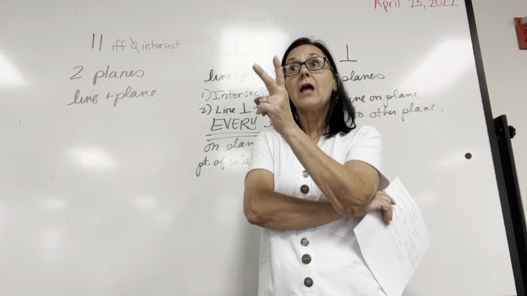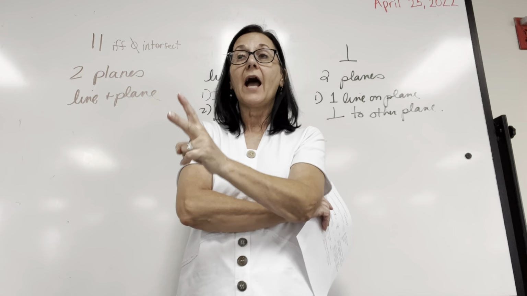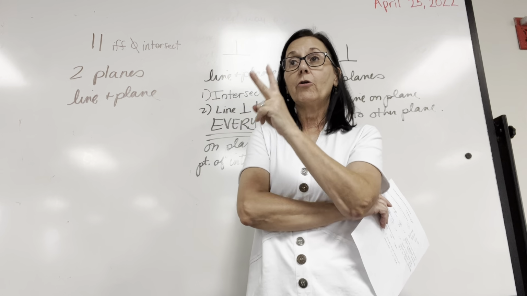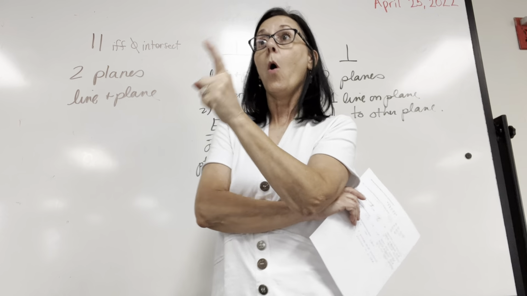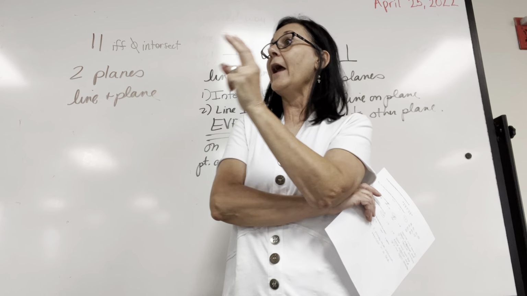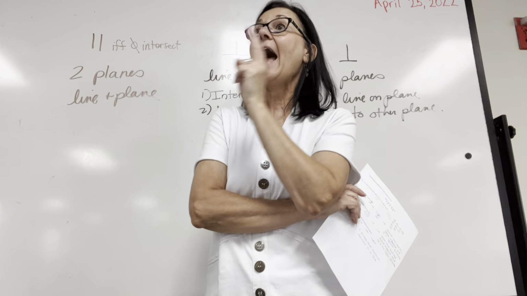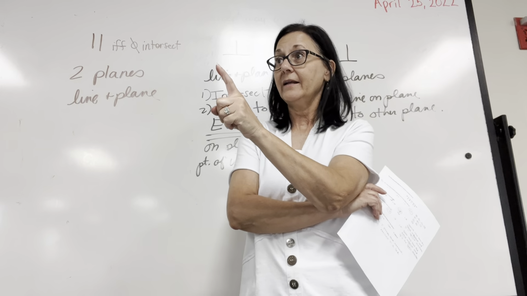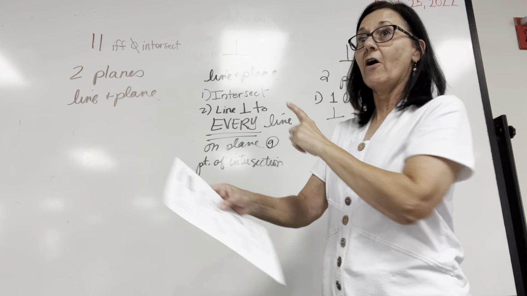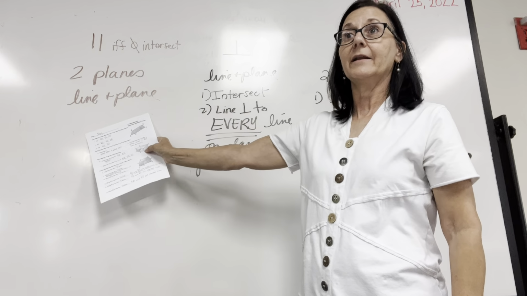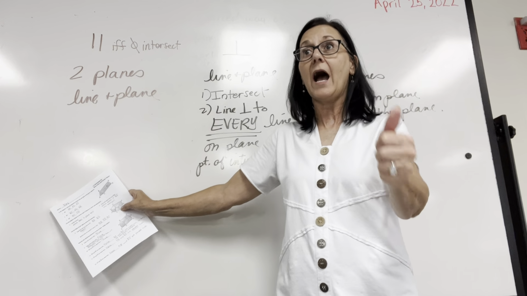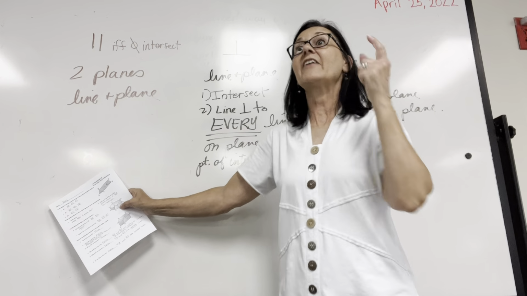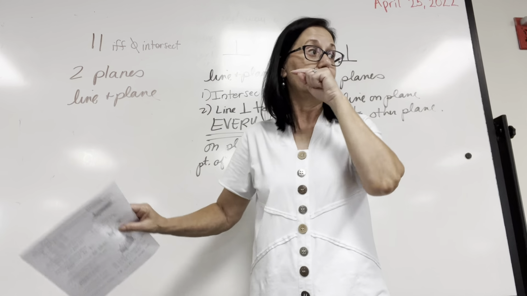Two lines have to lie on the same plane in order for those two lines to be either perpendicular or parallel. What have we dealt with here? We've only dealt with two planes or a line and a plane. Because if I'm dealing with two lines, then I'm assuming that they're on the same plane.